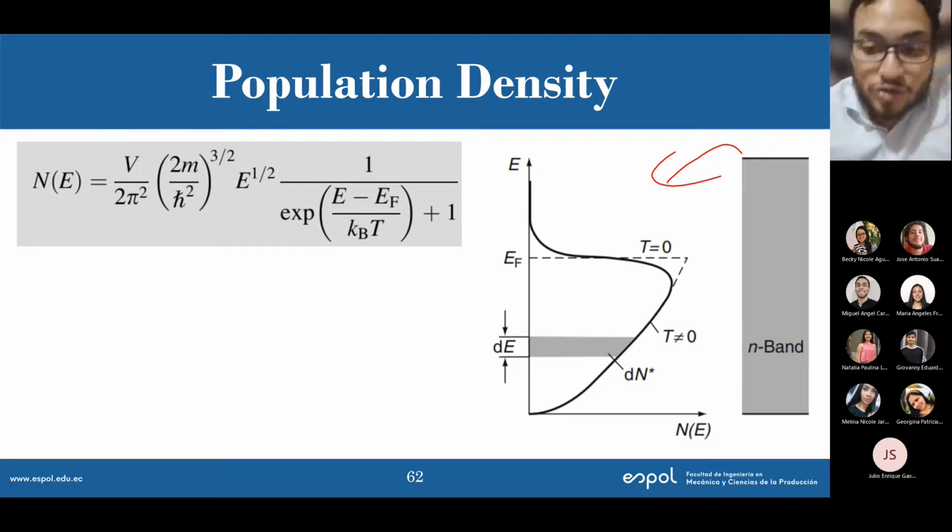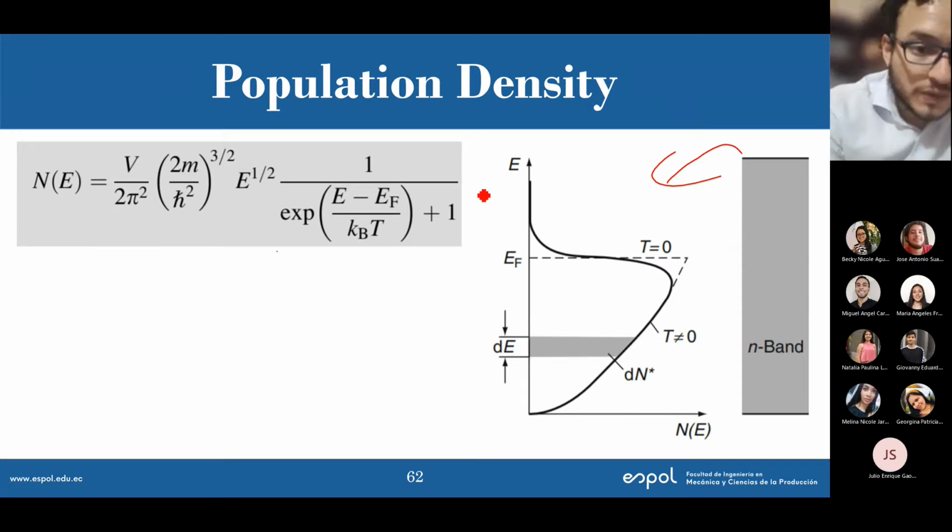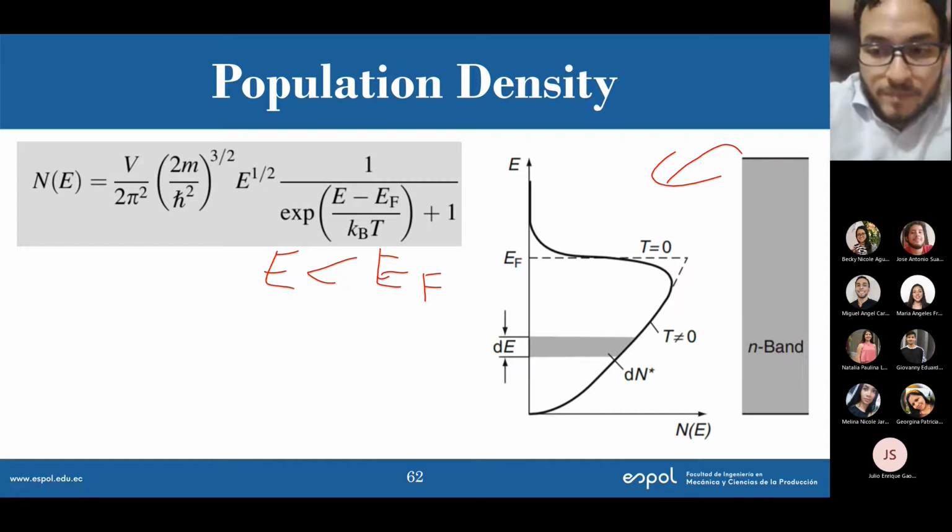Now you see something interesting here. When T is approaching 0, and E is just lower, smaller than EF, you can see something.